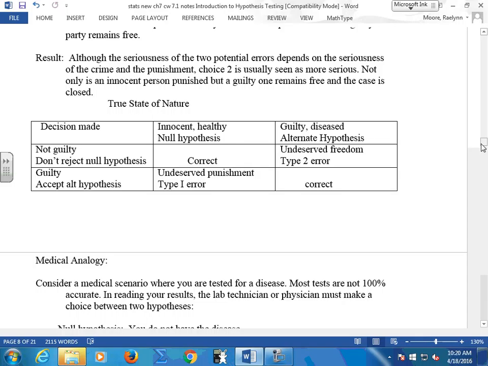So which one do you think is worse? Putting an innocent person in jail or letting a person who did the crime go free? Innocent person in jail. What if this guy is a serial crime person? Well, he'll get caught. He'll get him on the next murder. What if this guy is just a common theft? Either way, it's still wrong.